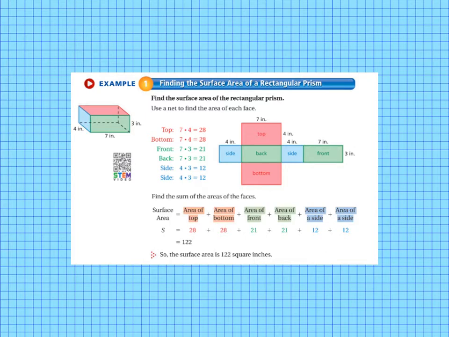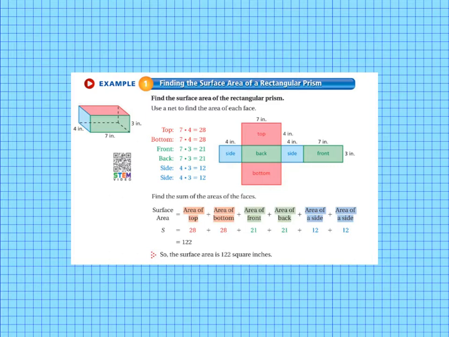Whenever you have a rectangular prism, when you draw your net, you should have 6 sections. You should have a top and a bottom, two sides, and a back and a front, because a rectangular prism has 6 sides.